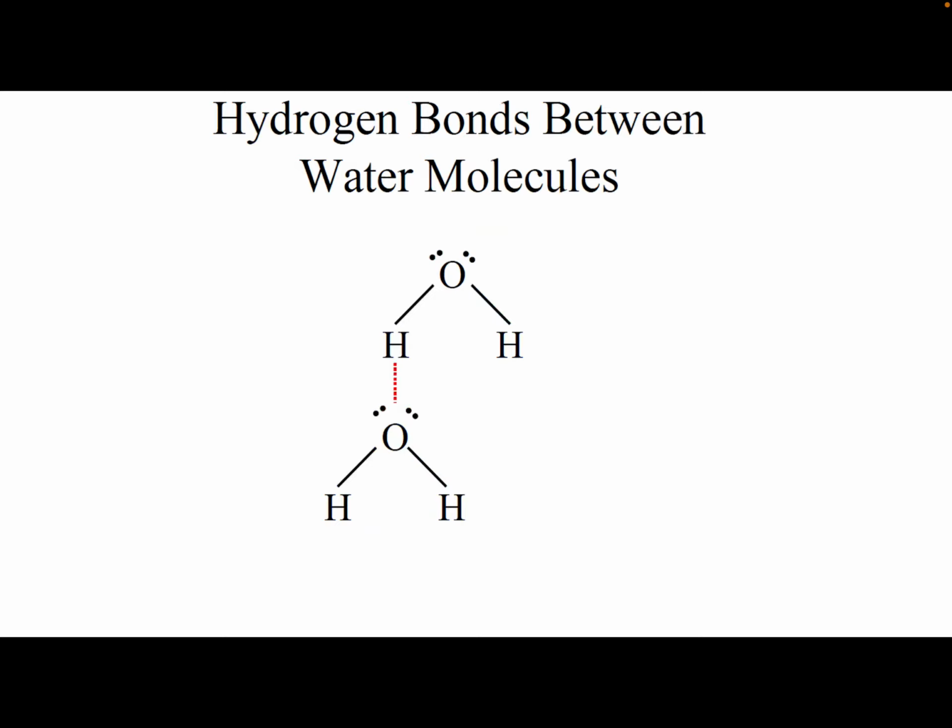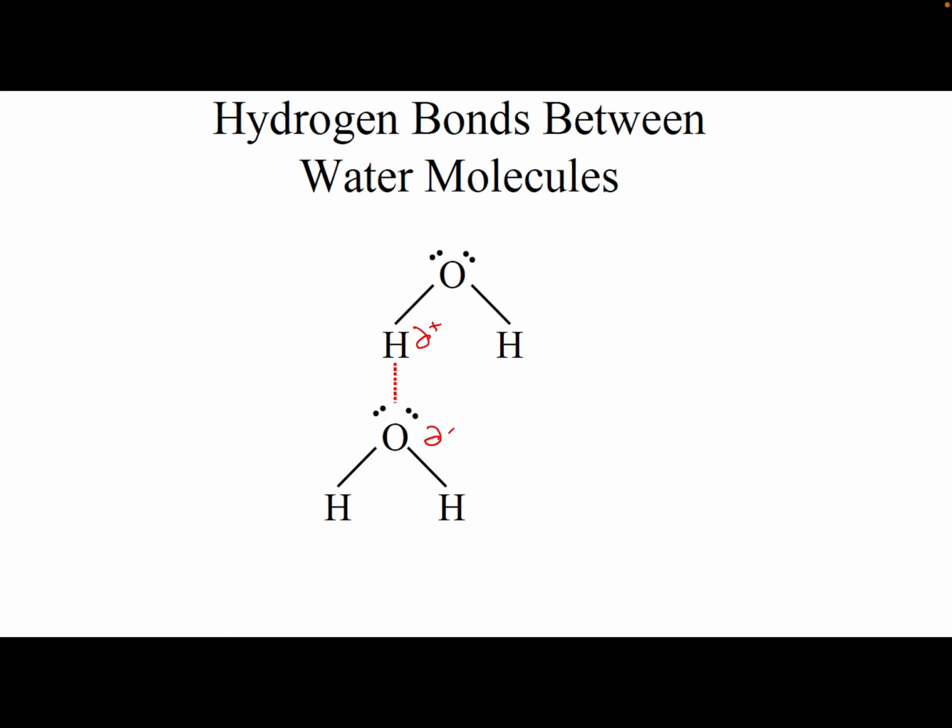A lot of times you'll be asked to show the interaction or draw the line that's going to show bonding between water molecules. So remember, our oxygen end is our partially negative end, our hydrogen end is our partially positive, and so it will be a bond between hydrogen and oxygen with the negative end and the positive end properly oriented.